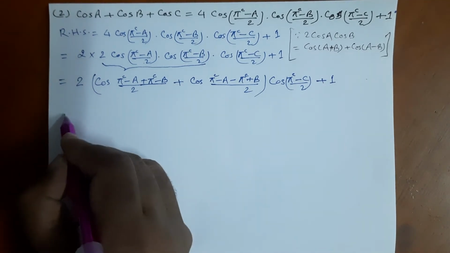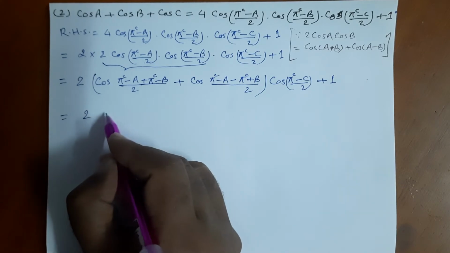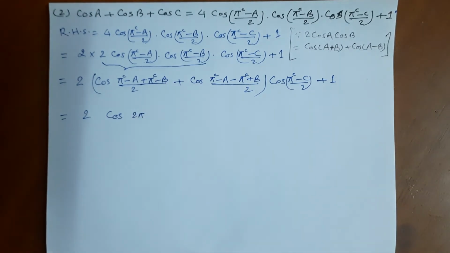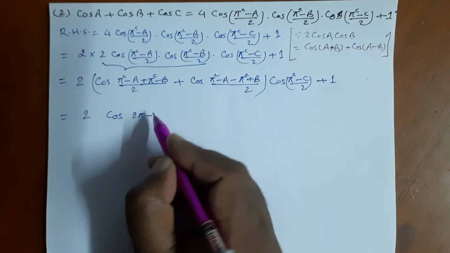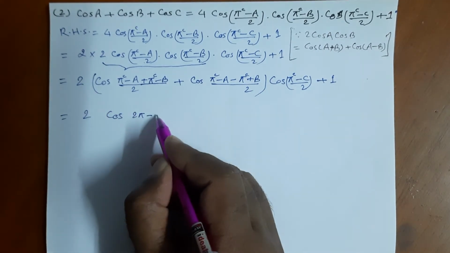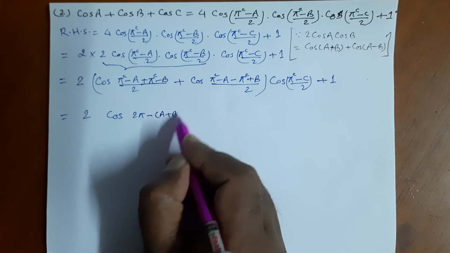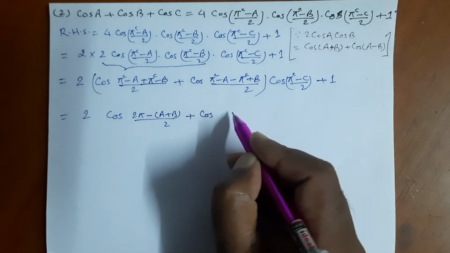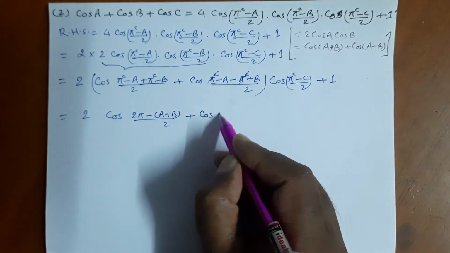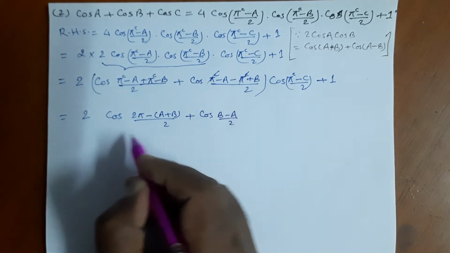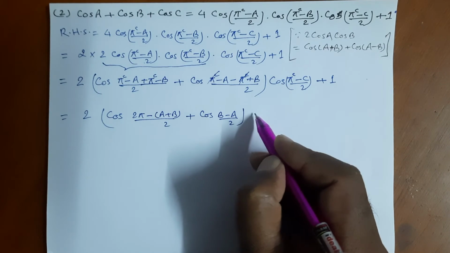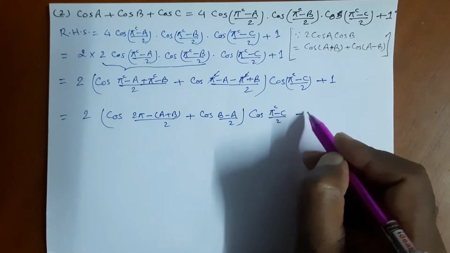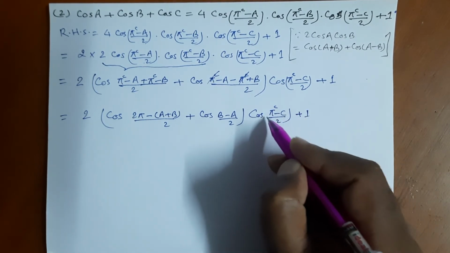So now 2 cos, pi plus pi will be 2 pi, minus (a plus b), minus is common, so (a plus b) over 2, plus cos, minus pi and plus pi can be cancelled, (b minus a)/2, and outside there is cos (pi minus c)/2 radian, plus 1. You can write this way.